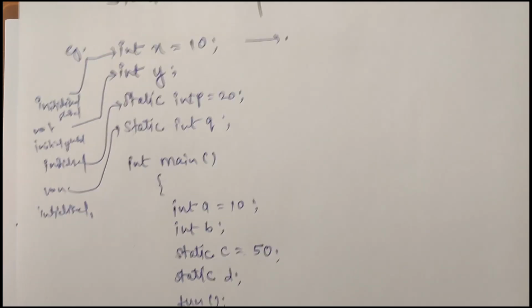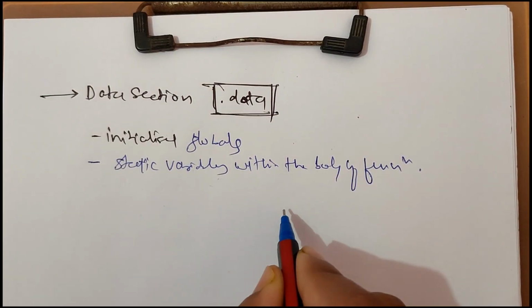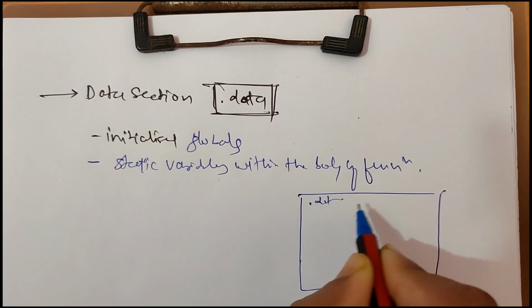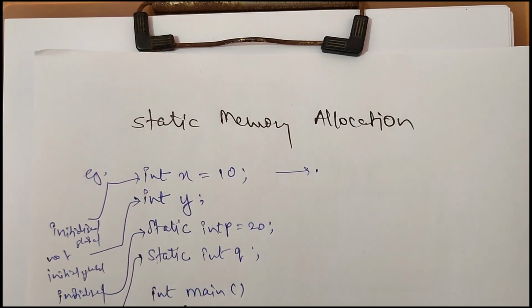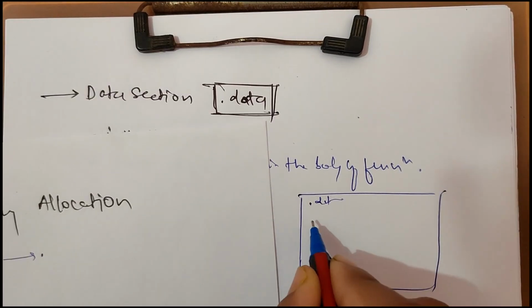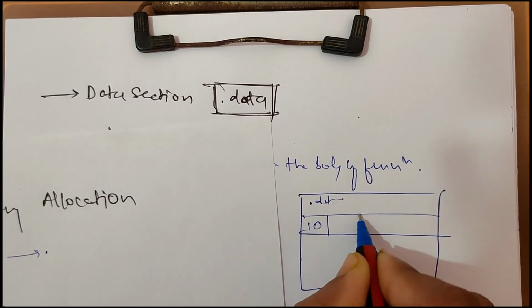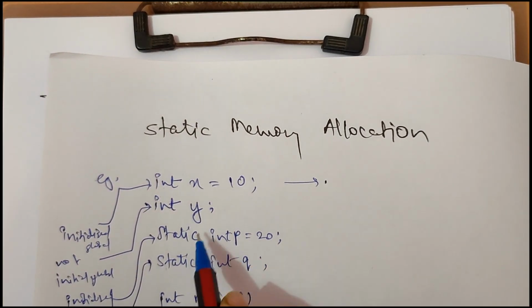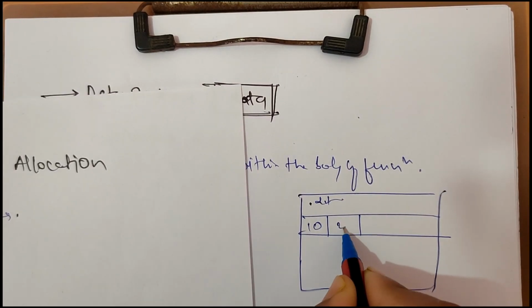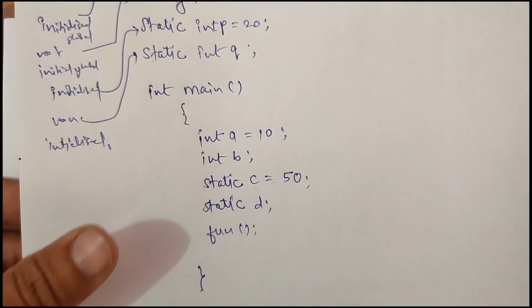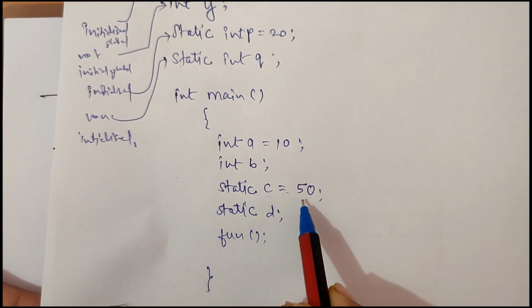I am randomly drawing the dot data section here. So what goes inside? First of all 10, so I am writing 10 here, then static int, so here 20, then going further, here static c 50.